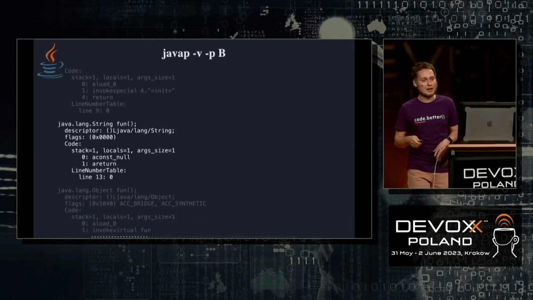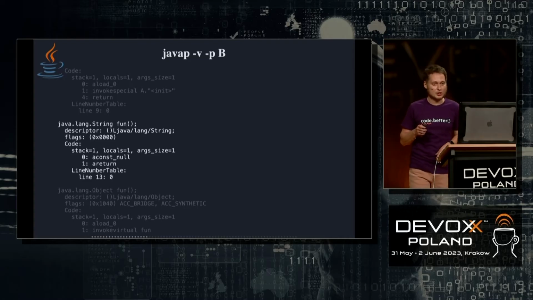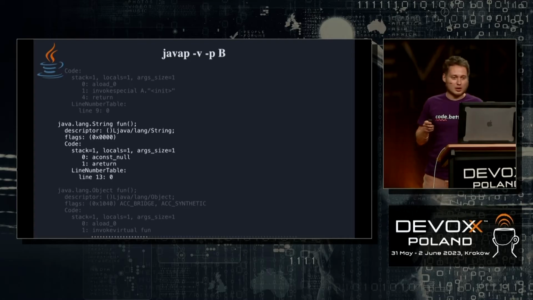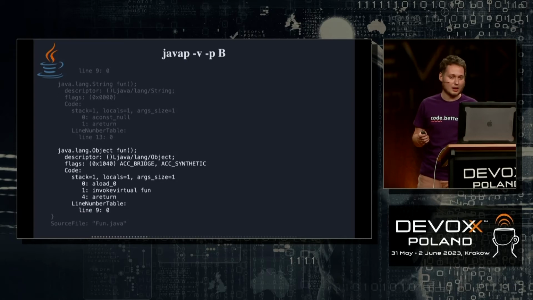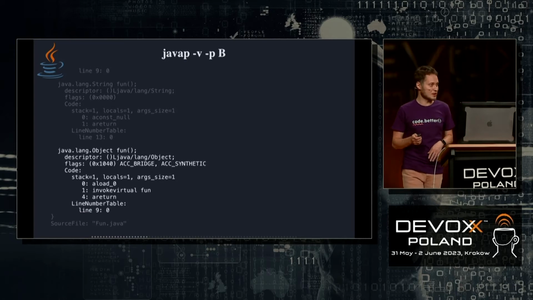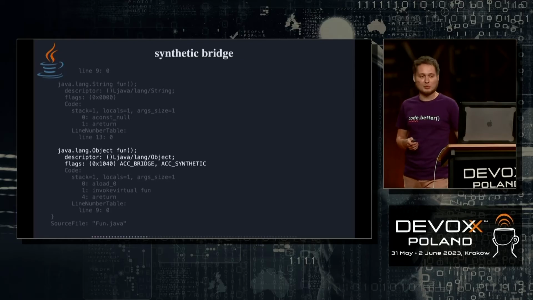We're going to see our fun method, which we wrote. It contains return type java.lang.String. It just returns now. We're going to see another fun method. We didn't write this one. And it's again synthetic. Moreover, it contains one more attribute, bridge.